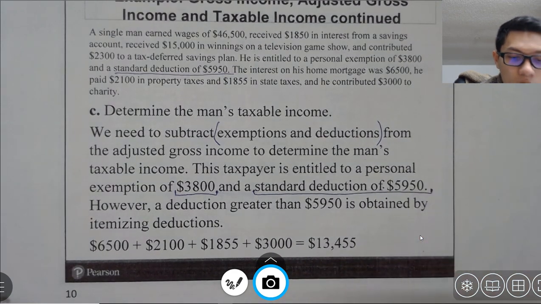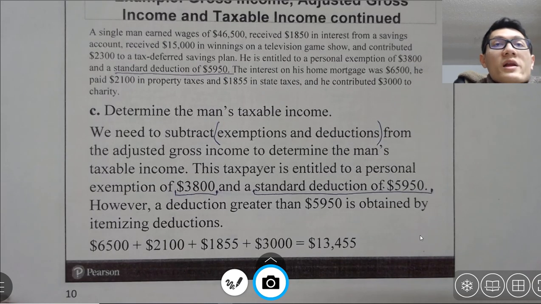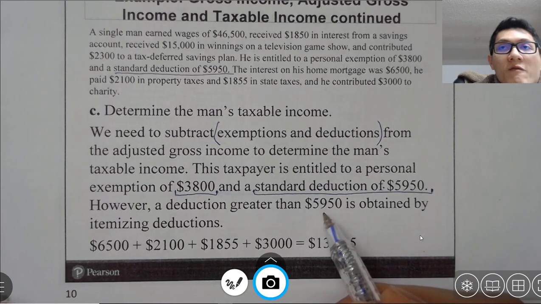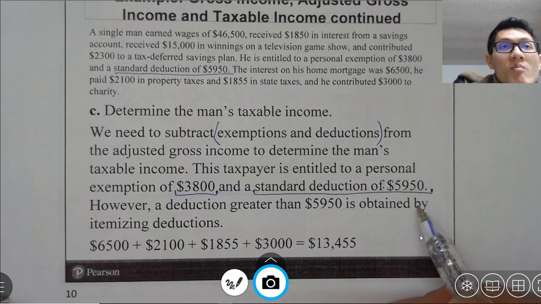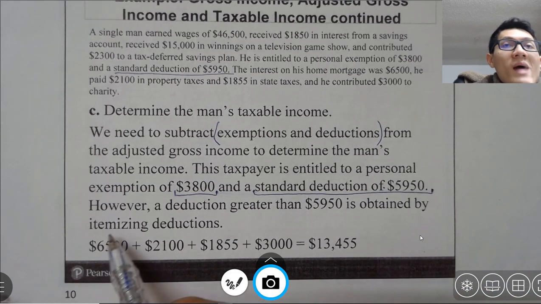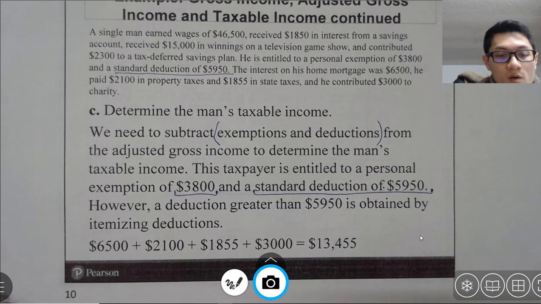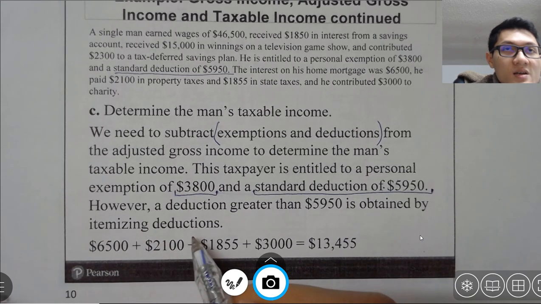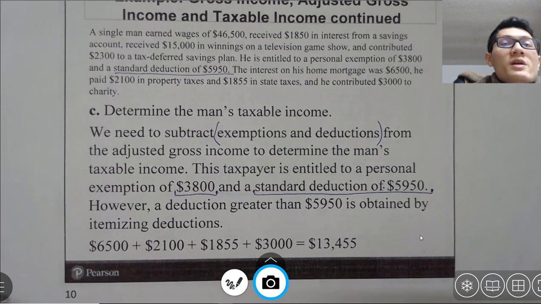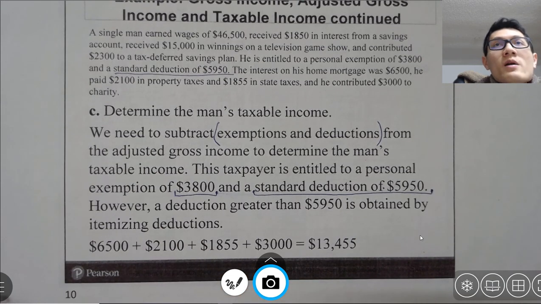However, a deduction greater than 5,950 is obtained by all the itemized items, which is all the deductions that we count individually for each item. Now go back to the problem.